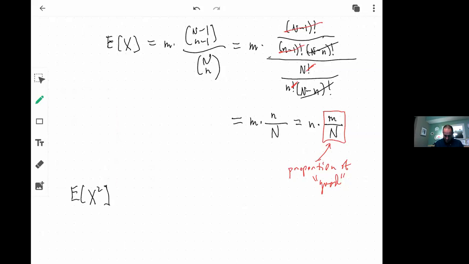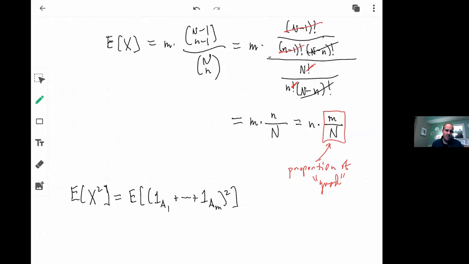All right. Well, let's think about that. That would be the expected value of what? Well, it would be the indicator of A1 plus dot, dot, dot, plus the indicator of AM, squared, okay?